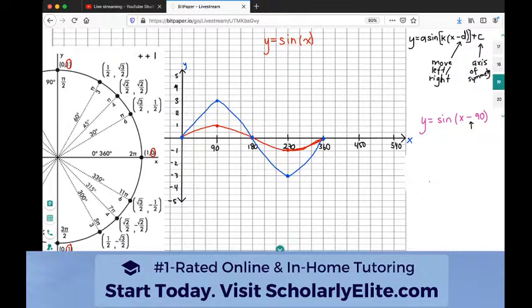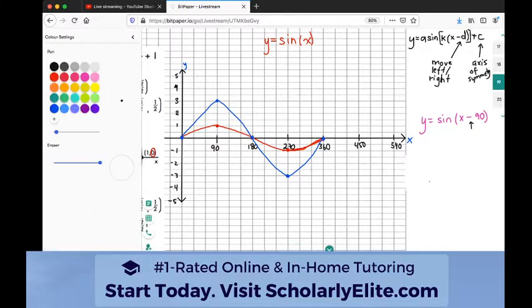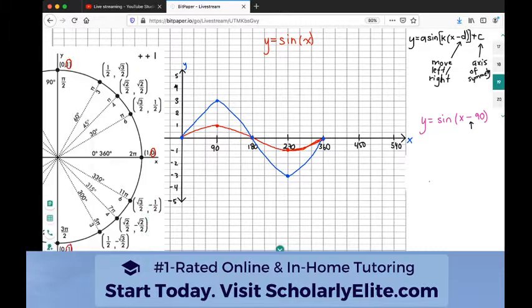If it's a positive, you move in the negative direction. And I will show you what I mean. So this graph says y equals sine bracket x minus 90. Because it's negative, we are going to shift the graph 90 degrees to the right.